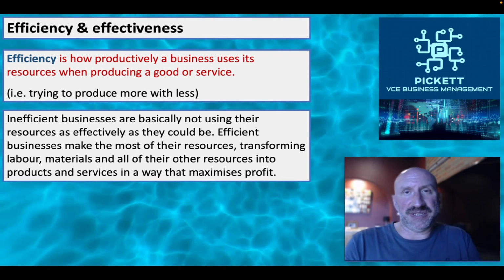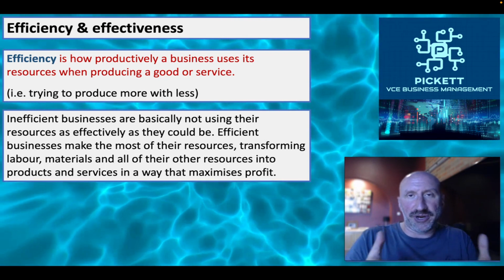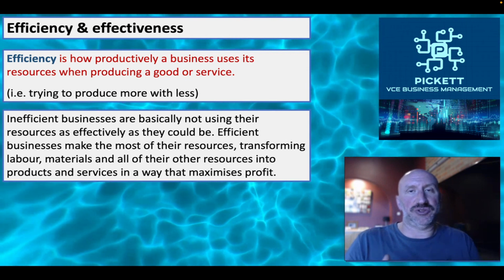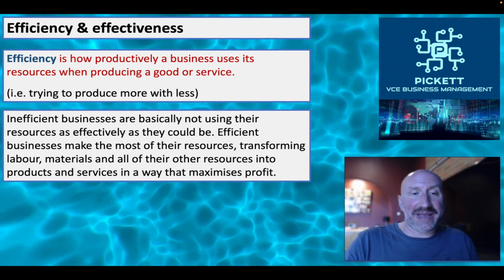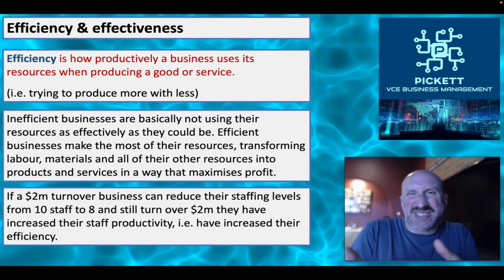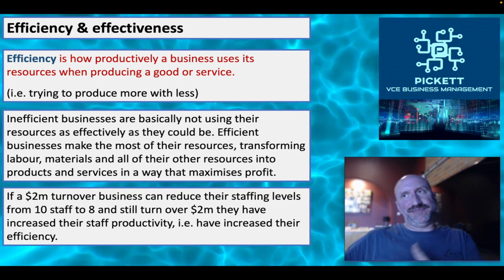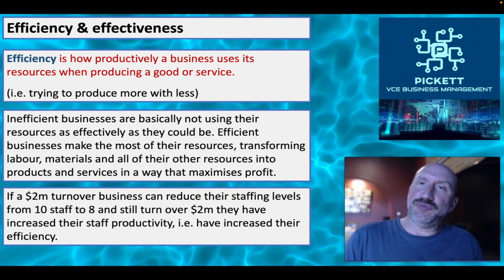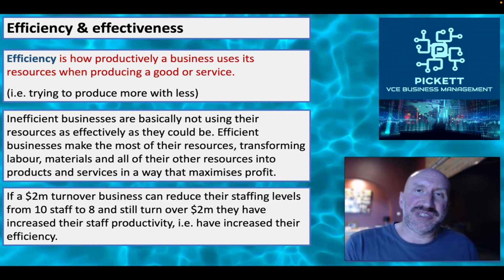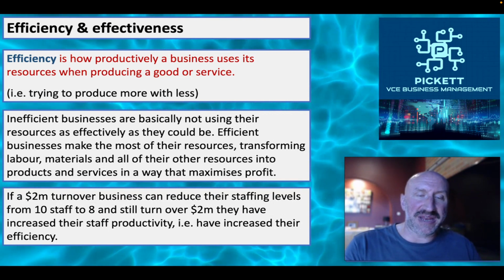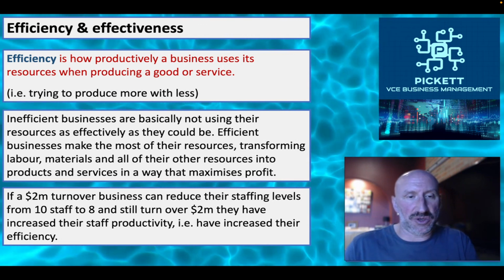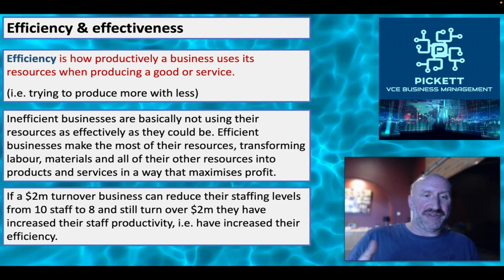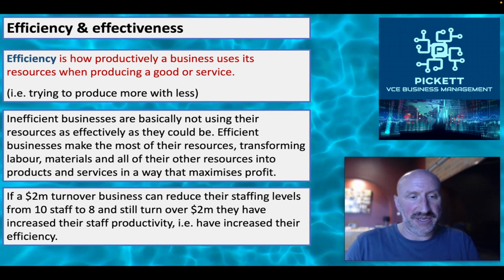An inefficient business is wasting money somewhere in the operation system through not using the resources as efficiently as they can. Really simple example just to demonstrate that. If a $2 million turnover business can reduce their staffing levels from 10 staff to 8, but still turn over $2 million, you could say that they've increased their staff productivity.